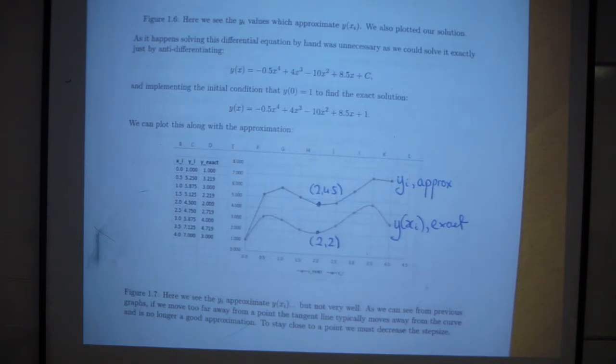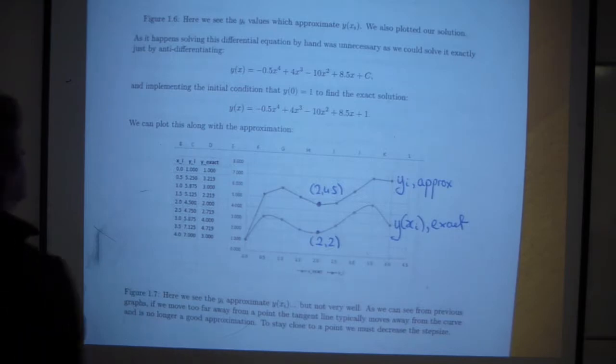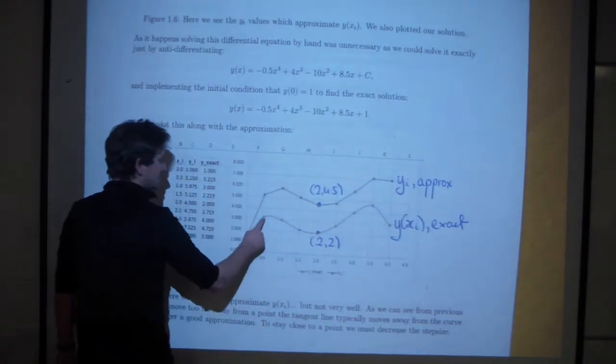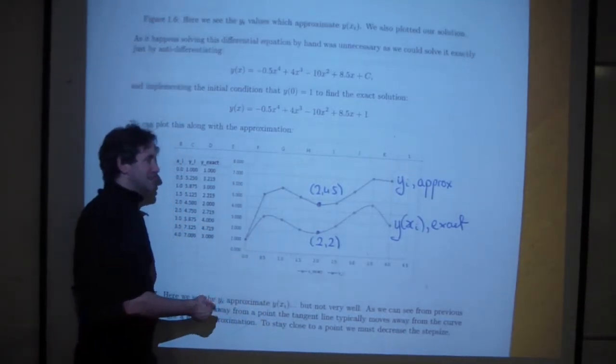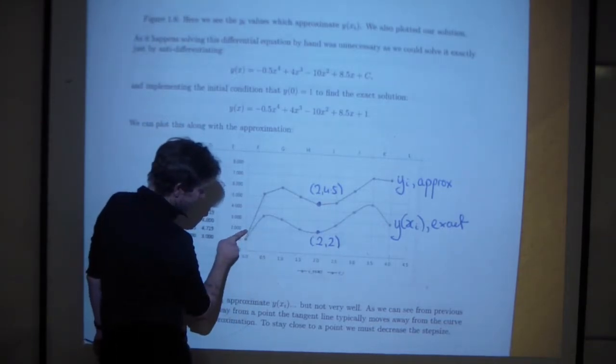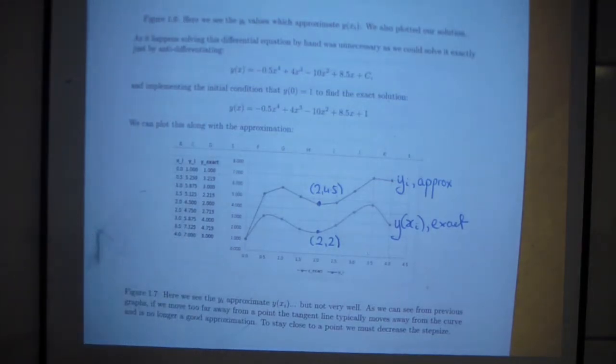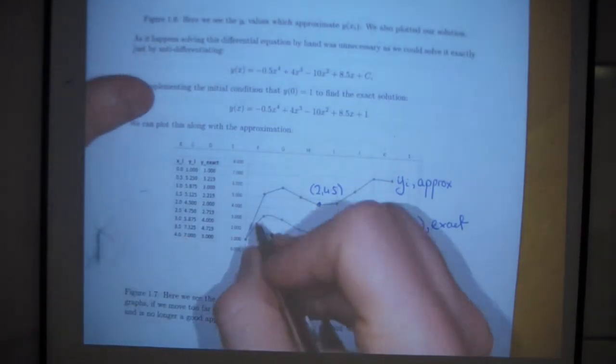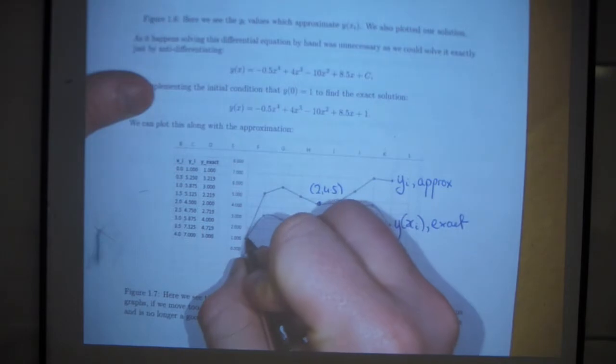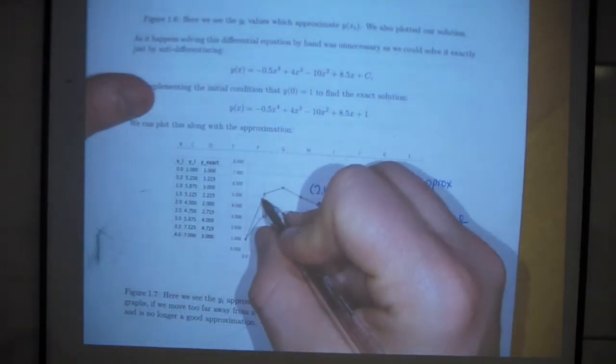As we can see from previous graphs, if we move too far away from a point, so for example here, because I've used Excel rather than a graphing thing, there is a discrepancy between these two slopes. The true solution would probably look something a little bit more like this. What I want you to do is go from this point to this point and make sure that this is actually the tangent.